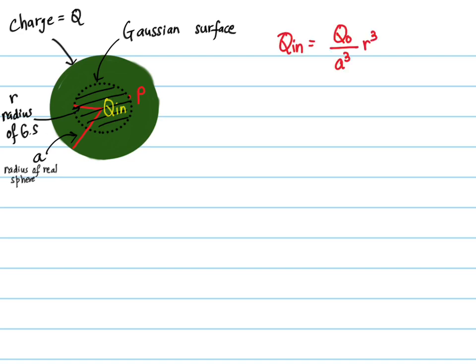Now we are going to write Q in is equal to Q over A cube times r cube. This is by proportion of the volume. So you can use proportionality here because it's uniformly spread. So you can use ratio and proportion to get this.